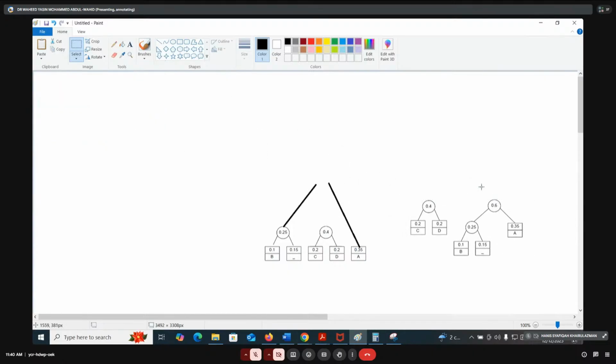So here, I merge this one. So now here I have 0.6 and 0.4. How much is 0.6 and 0.4? It is 1.